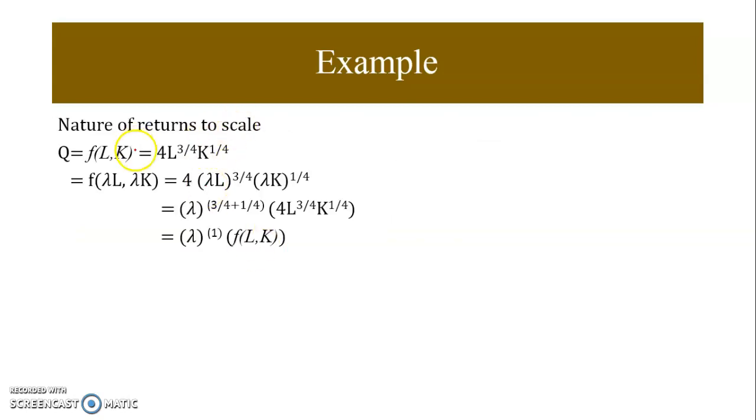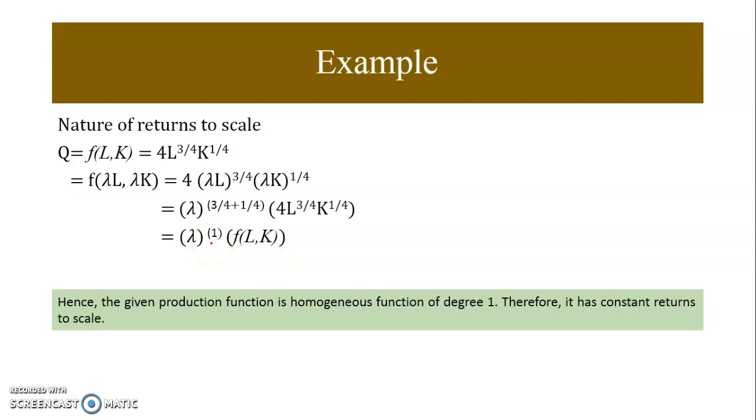So now this is our original function, and now we'll add lambda to both the primary inputs, that is labor and capital, and we substitute L as lambda L and K as lambda K. Then we'll take lambda as common, and then the powers will be added, that is 3 by 4 plus 1 by 4. So when we add, this becomes 1, and this is the original function f of L and K. Now since the power is 1, we would say that it has constant returns to scale.